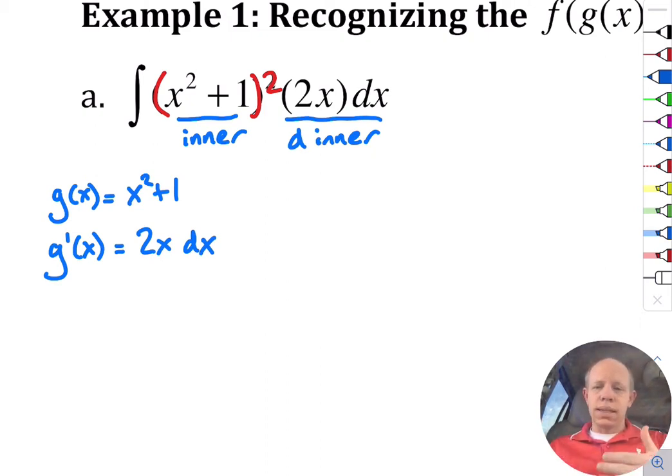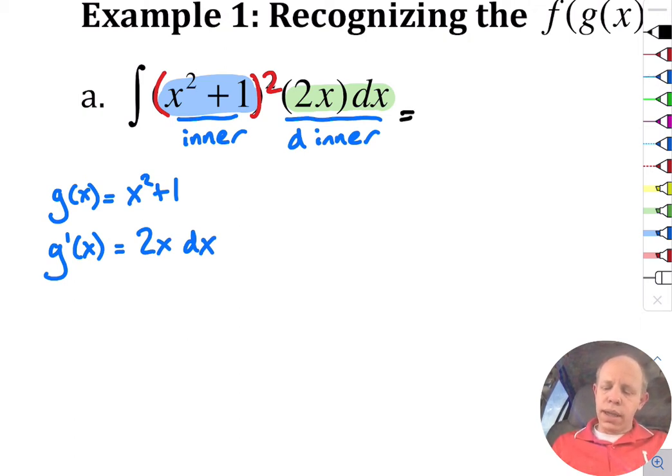The derivative of x is kind of dx there. Okay, so now when you look for this, what you're going to find is our outer function, but we have an inner function there, and then we have the derivative of the inner. All right, now when this happens, we can go straight to the antiderivative of the outer function. Okay, and so the outer function was something squared.